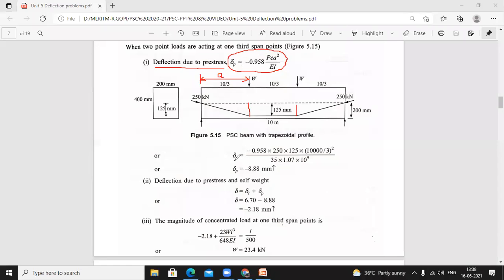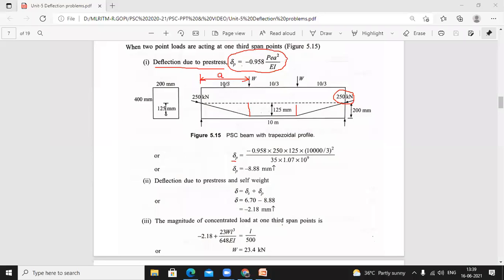So now substitute all the values. Deflection due to prestress equals minus 0.958 into P. P is the amount of prestressing force, they mentioned 250 kilonewton, into e value 125 mm, into a square.